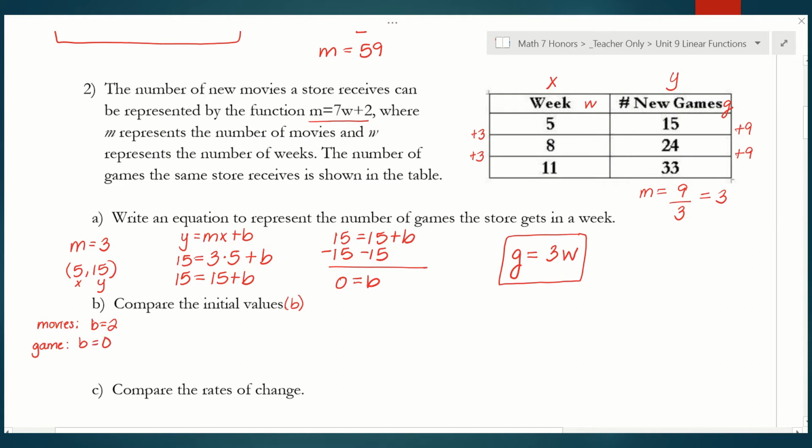So what does that mean? What does the y-intercept mean in the context of the problem? Well, it means that at week 0, the store had 2 movies and 0 games. So one way we can state a comparison is to say that the store started with more movies than games.